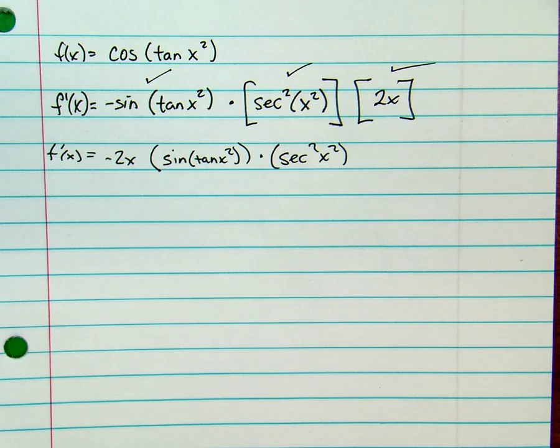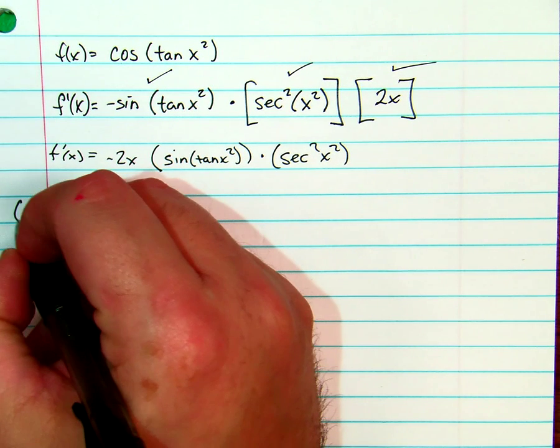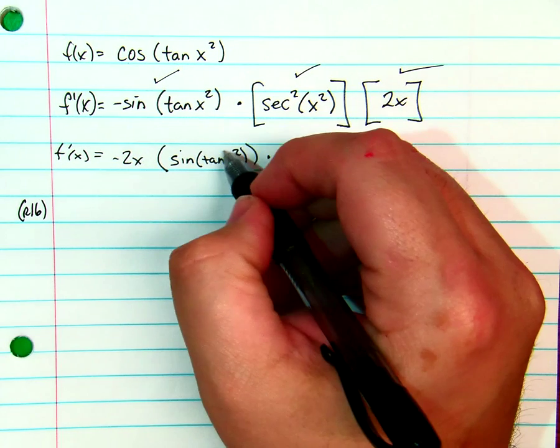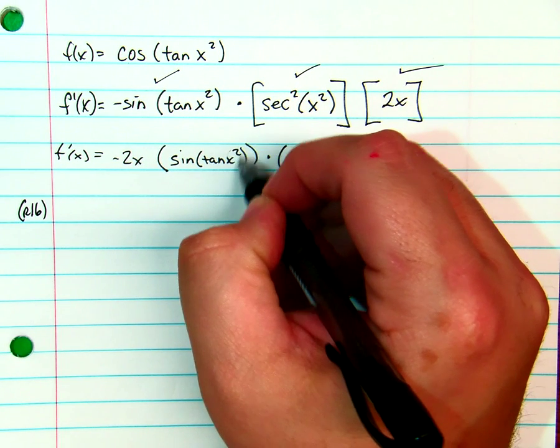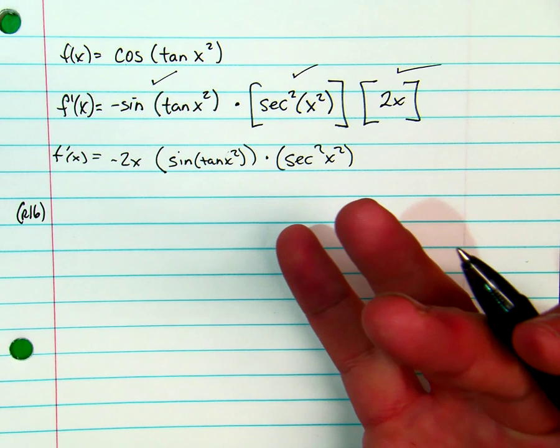Do not be stingy with parentheses. Make the parentheses happen. If we put x squared in parentheses and the tangent, that's fine. It would probably make sense to put parentheses after the x squared and secant squared. Do what you've got to do.